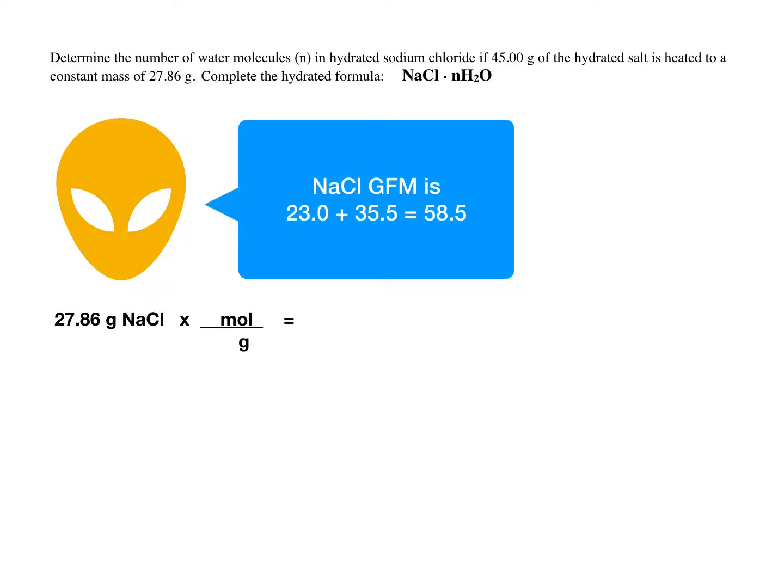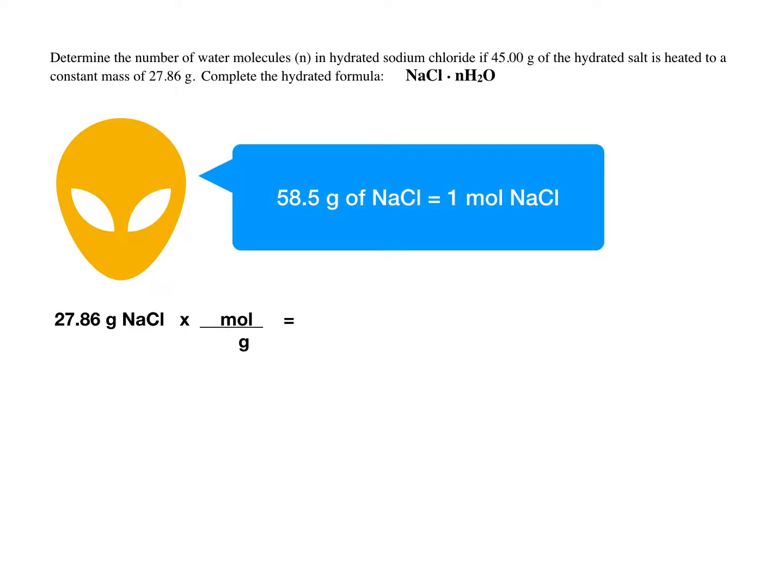So looking at our formula, we have 1 Na, it contributes 23.0. We have 1 Cl in the formula, it contributes 35.5, and the summation of that is 58.5. So for NaCl, sodium chloride, 58.5 grams equates to 1 mole of this salt.